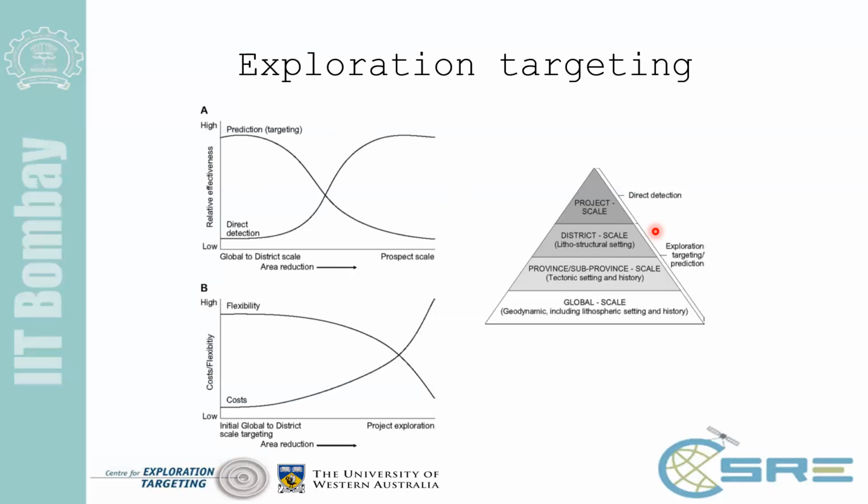And that's where we use GIS-based prospectivity modeling. So it's integration of the data sets that are typically on regional scale in order to delineate project size targets. Because once you are on the project size targets, then the next move is detection and moving on to the ground and starting your ground exploration.